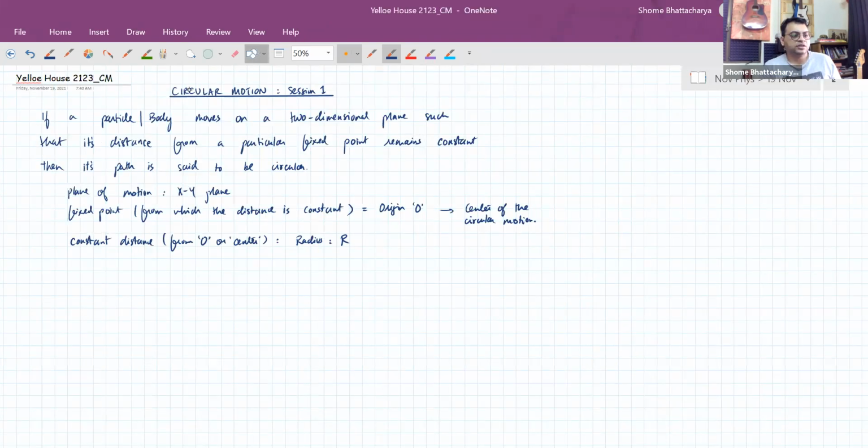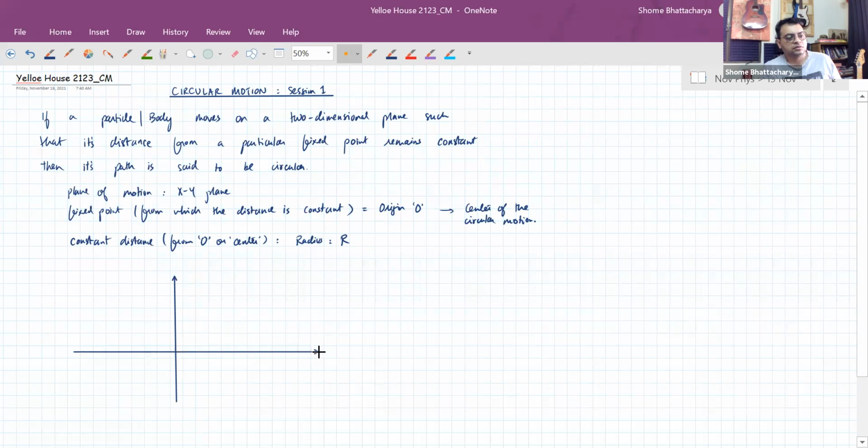So geometrically, we can represent it like this: if at a certain point of time a particle lies on the xy plane, its distance from the origin is the magnitude of the position vector r.